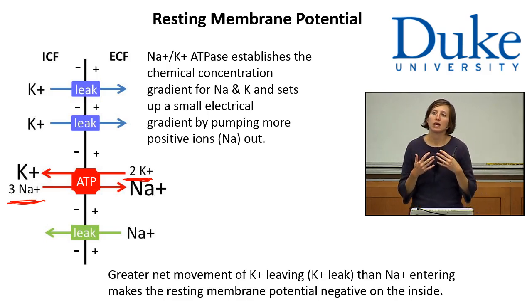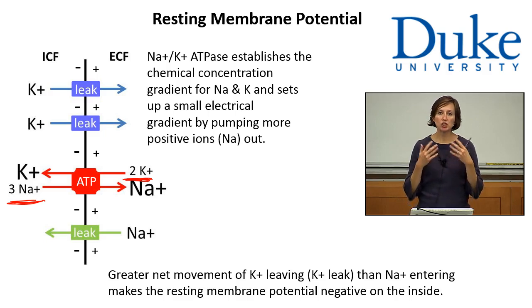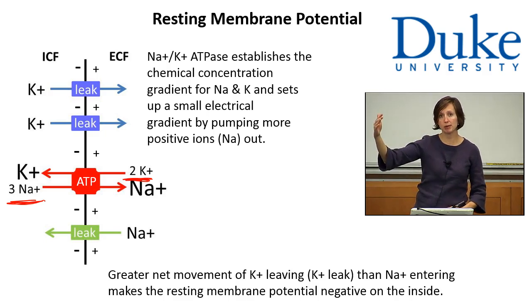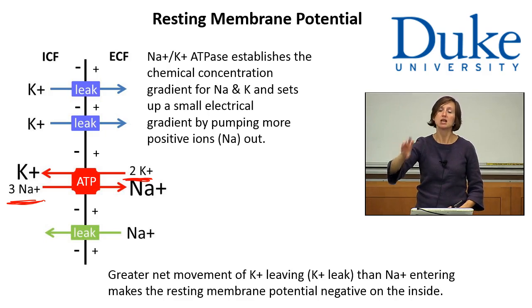The other issue is what channels are open at rest. So we said if only sodium channels are open, then the membrane potential is going to become the equilibrium potential for sodium. If we open only potassium channels, then the membrane potential is going to become the equilibrium potential for potassium.